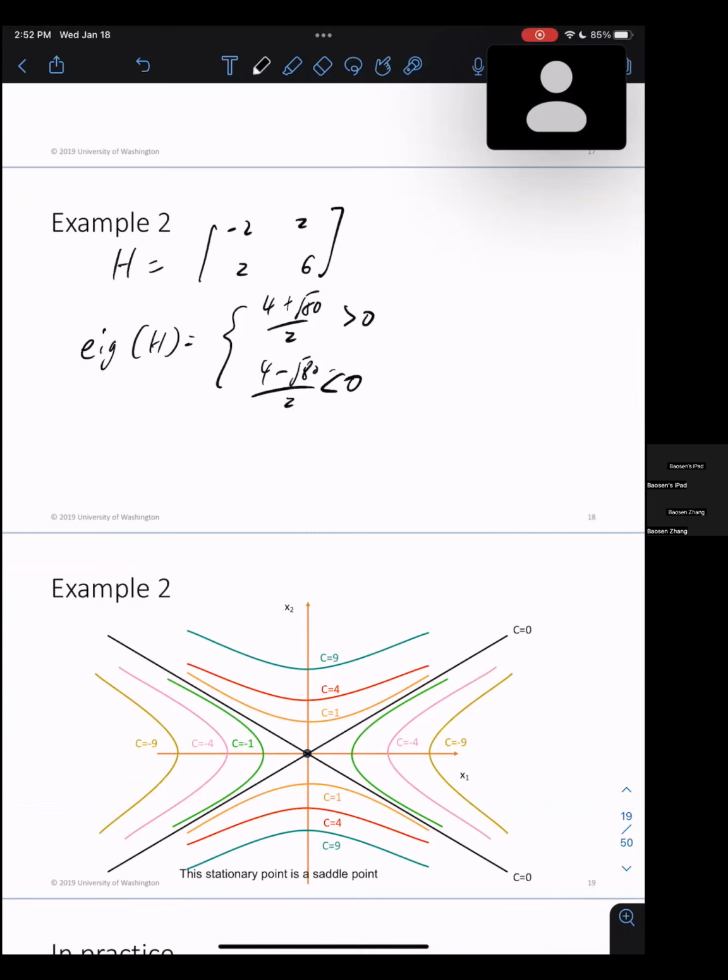So this is called a saddle point. If you go along this direction, you're getting bigger. You want to be at 0, but if you go along this direction, you're actually getting smaller. So here you have a saddle point. All this may happen. Okay, any questions for these two examples?